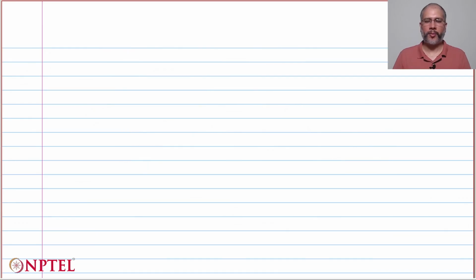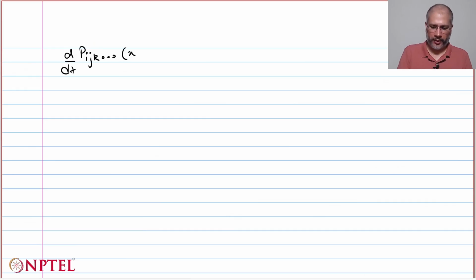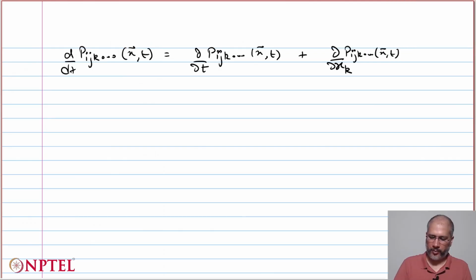So coming back to the discussion on material derivative, we can write the material derivative of a quantity, which may be an nth order tensor expressed in the Eulerian description, as partial by partial t of pijk... plus partial by partial xk of pijk... times vk. I've written dxk by dt as vk because that is the definition of the velocity vector.